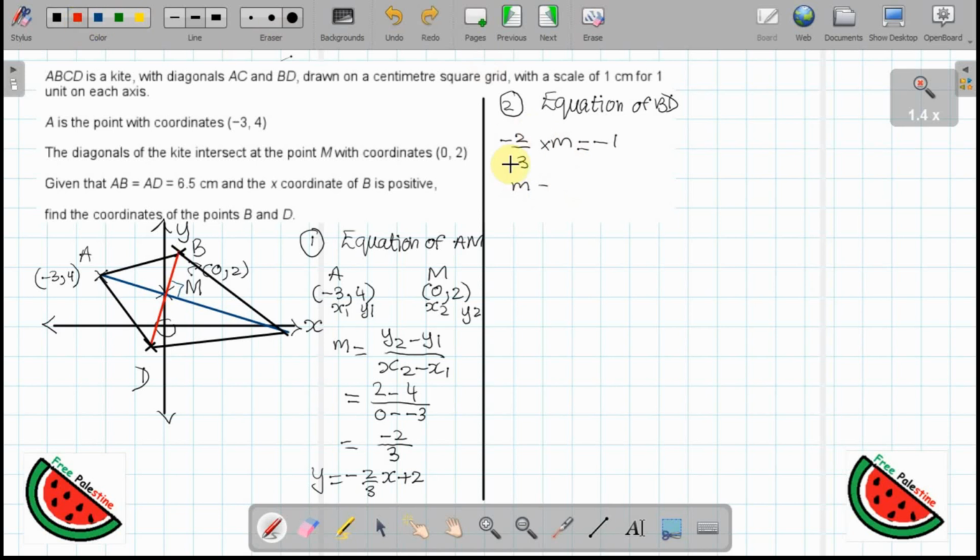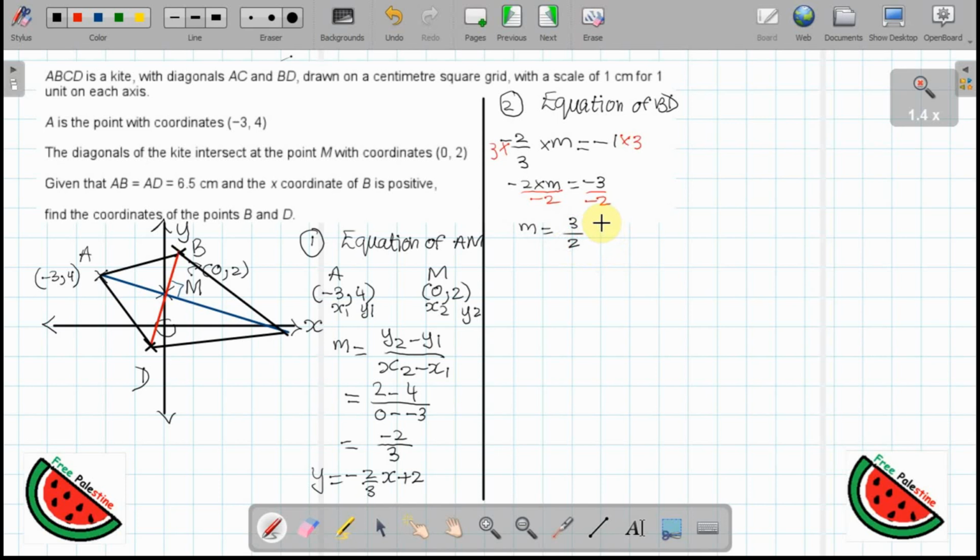I'll take it step by step. I am short for space, but I can move the board around, I guess. So minus 2 times m is equal to minus 3. Then I divide both sides by minus 2. That gives me m equals 3 over 2.